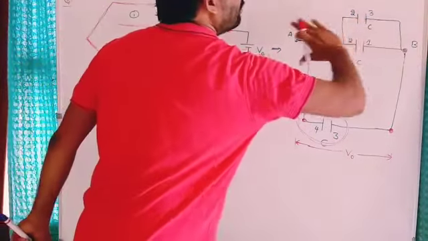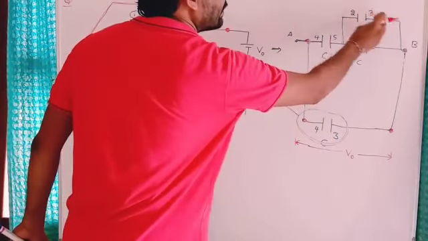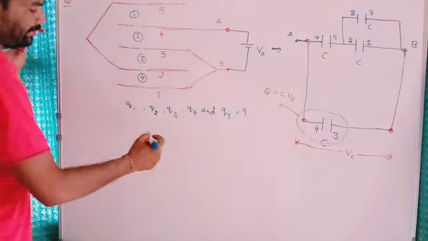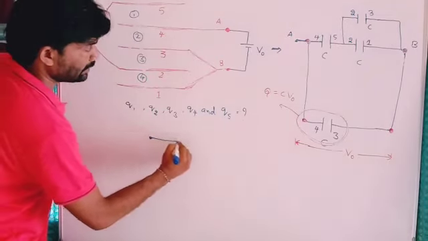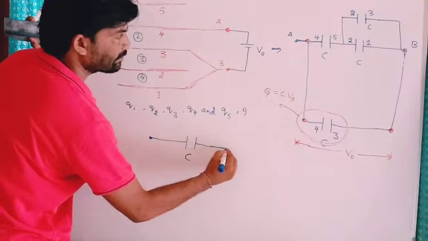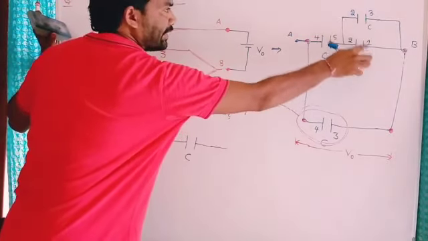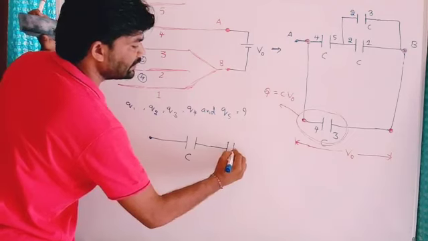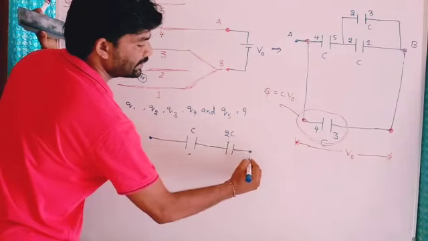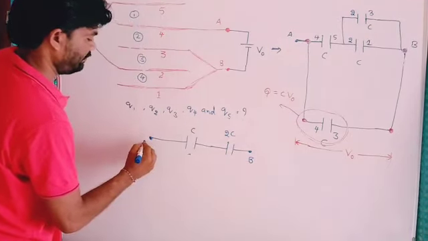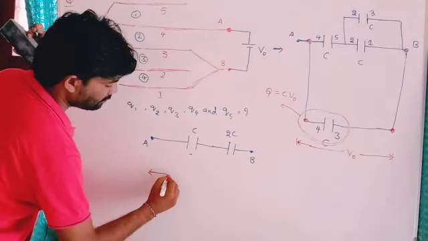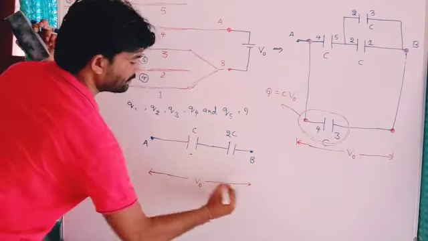For this combination, to know the charges on these individual capacitors, I'll draw that upper branch here again. This capacitor is C and this is C, C. Both are in parallel, so the combination value is 2C. This is terminal point B, this is A. Up to here the potential difference is V naught.